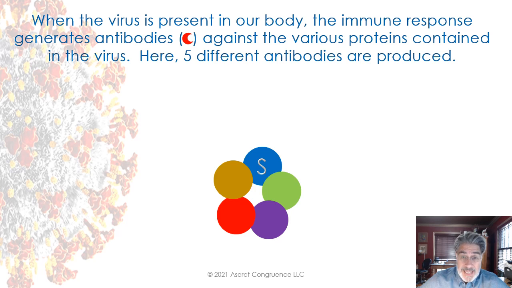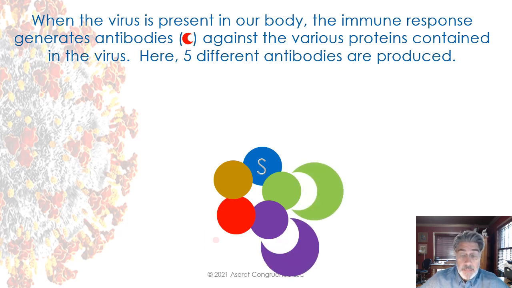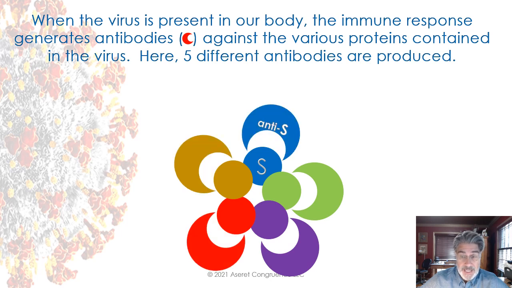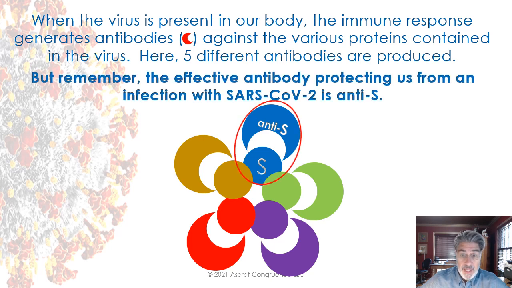Now, we produce antibodies in response to proteins. Because there are 5 here on the illustration that we decided to use, there's going to be 5 different antibodies produced because there are 5 different proteins on the virus. But remember, only anti-S is really important for us in terms of protection.